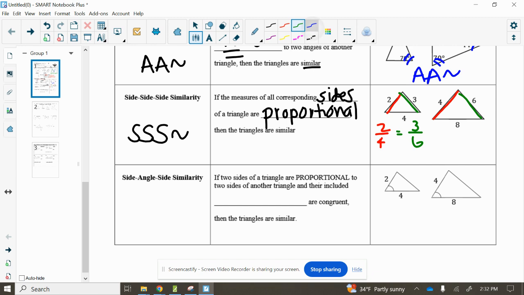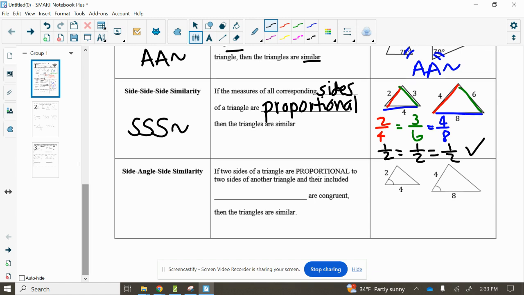And then we check out that last pair of sides, 4 and 8. Do they all reduce to be the same thing? The answer is yes. All of these reduce to be 1 and 2. So because all of those pairs of sides have the same scale factor, we could say these are similar by side, side, side.